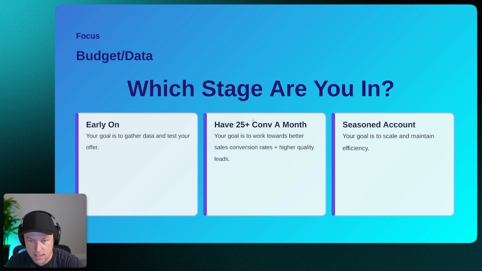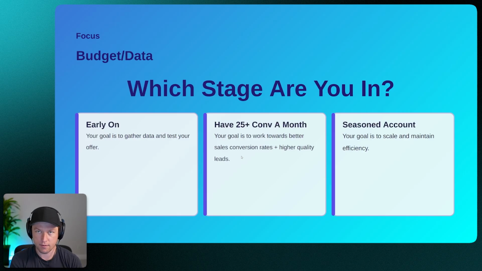As you can see, the next stage in here is if you have 25 plus conversions a month. Sometimes it can be down to 20. I like to say that 25 is pretty much the sweet spot, 20 to 25. I just have 25 as the safety mark to then move into a seasoned account. When you have 25 plus conversions a month, your goal is to work towards better sales conversion rates plus higher quality leads, right?